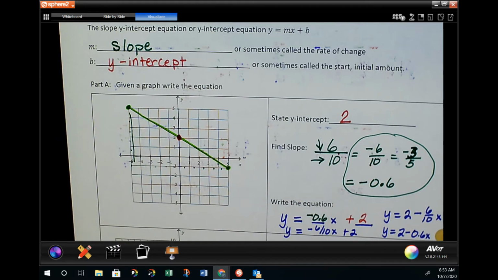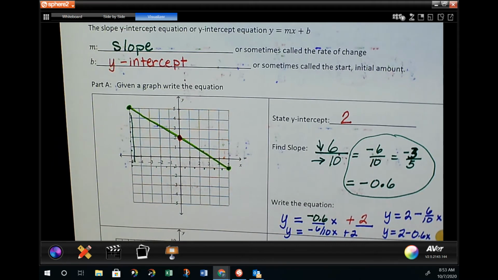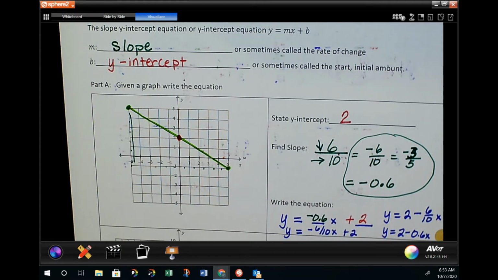So I count 1, 2, 3, 4, 5, 6, 7, 8, 9, 10, 11, 12. So I'm going up 12, and then moving to the right. We count 1, 2, 3, 4, 5, 6, 7, 8, 9, 10. So 12 over 10, and that reduces to 6 over 5, or you can put this as 1.2. Any one of those three, I'm fine.